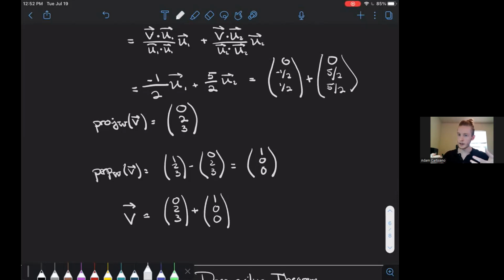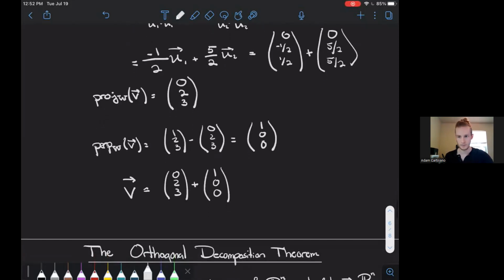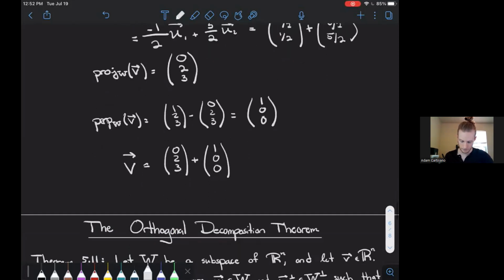It doesn't always work out that it's just like these two separated like that. You might have some weird square roots or something showing up. These dot products and a vector dot with itself might yield some nasty situations. But in this case, we're totally fine.